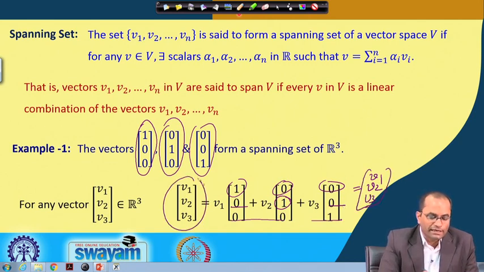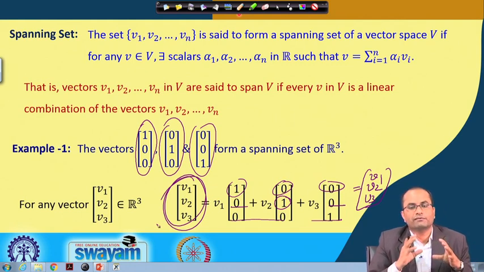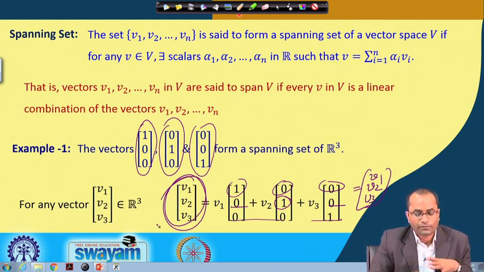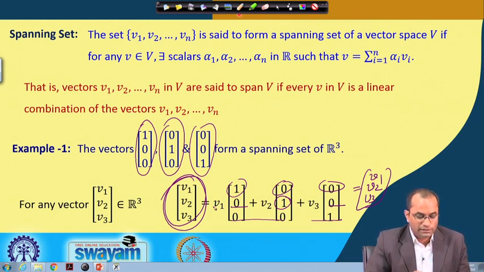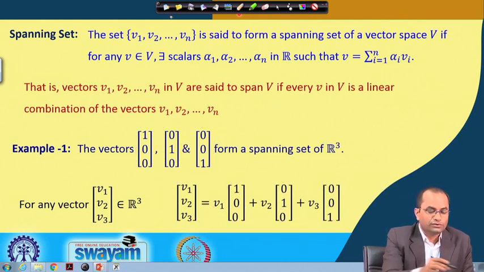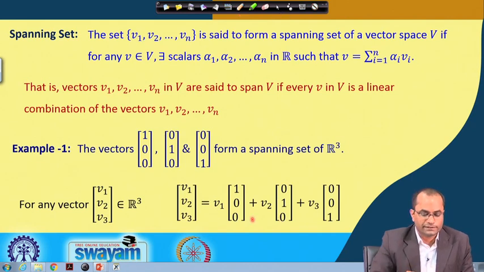So, any vector of this vector space R3 we can write down as a linear combination of these vectors 1 0 0, 0 1 0 and 0 0 1, which was trivial to see in this particular case.